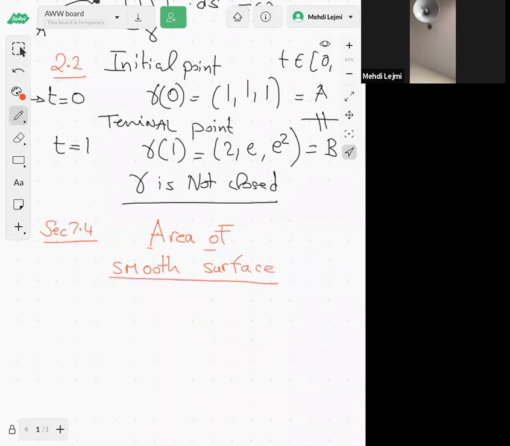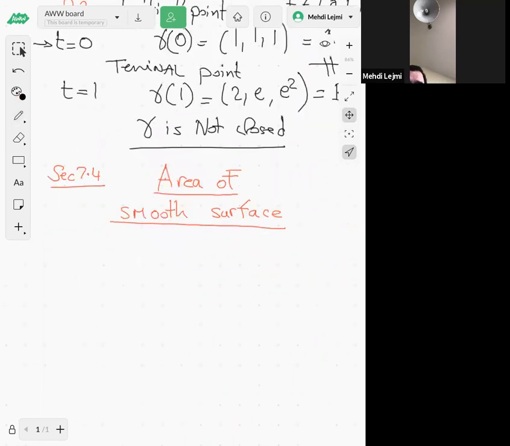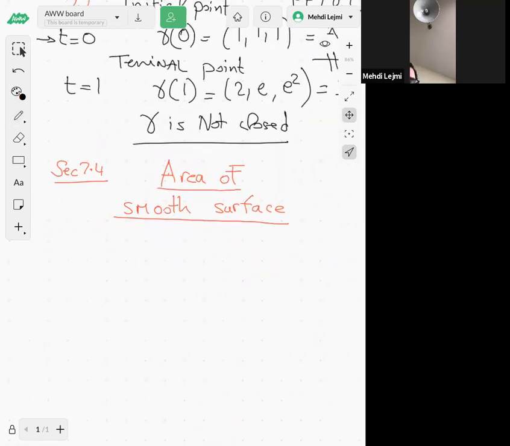Before recalling the formula, guys, let me explain the difference again. Remember, in chapter 5, we used the double integral to compute the area of surfaces in R2, right? But the surfaces in R2 are just some elementary surfaces.